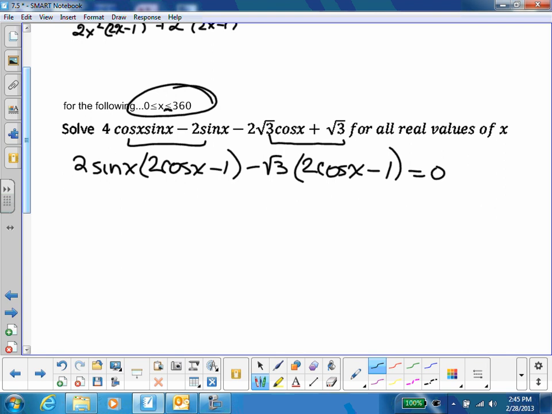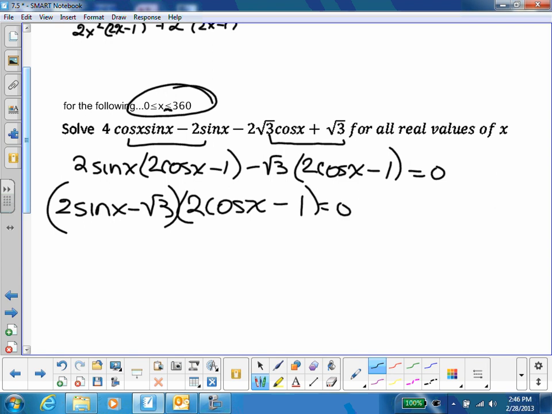Okay, so then how am I going to finish this off? Times 2 cosine of x minus 1. Therefore, 2 sine of x equals root 3, or the sine of x equals root 3 over 2.